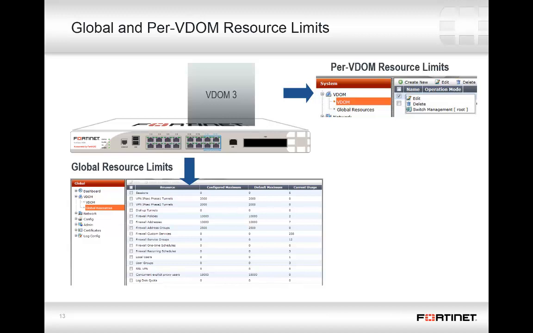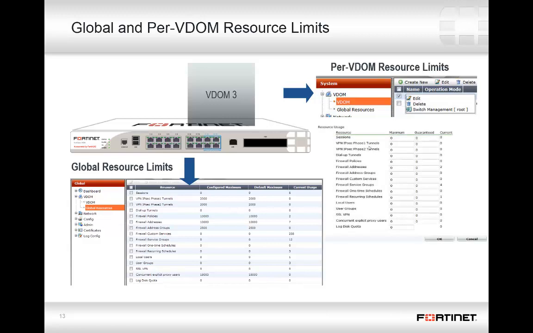Therefore, this FortiGate will be configured to allow VDOM 3 to have up to 1900 tunnels. Additionally, 1,000 of these tunnels will be guaranteed. Configure your FortiGate with total limits for critical features such as sessions, policies, and others. Then configure each VDOM with its own quotas and minimums within the global limits.